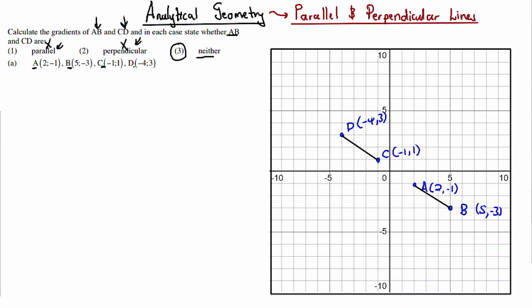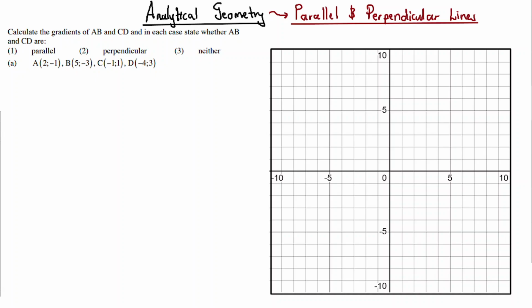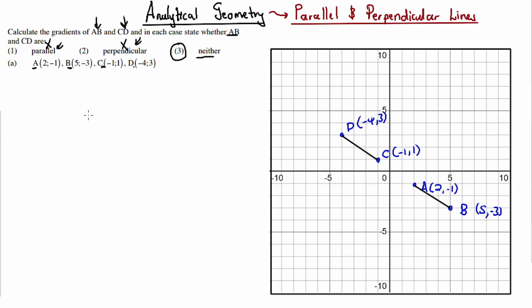But what I want us to do is to work out their gradients as stated. So gradient AB is YA minus YB over XA minus XB.